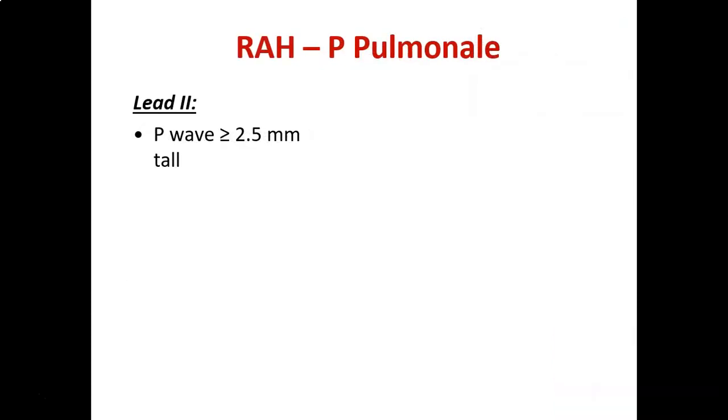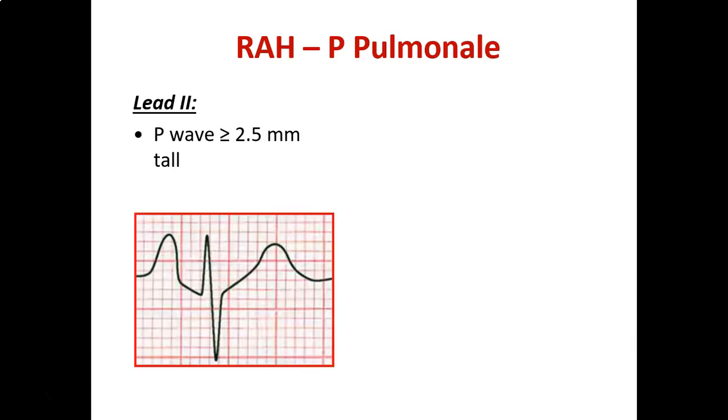As we have two atria, right and left, the right atrial hypertrophy or right atrial enlargement is known as P pulmonale. In an ECG you will get a P wave that's more than 2.5 mm tall, so more than 2.5 small boxes tall, like this one.